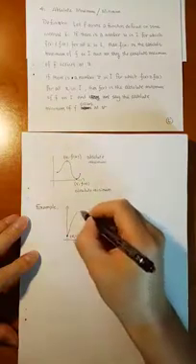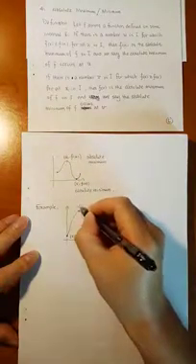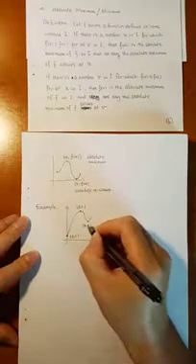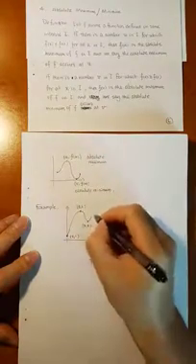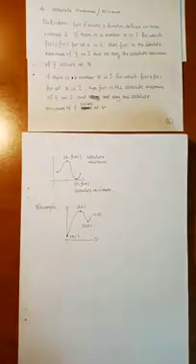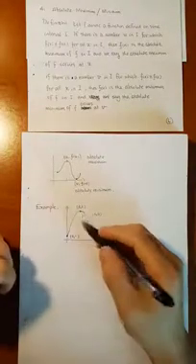This point is (3, 6). This is (4, 4). It's (5, 5). With a graph like this, you can see where the lowest point is. The (0, 1) is the lowest point, and the (3, 6) is the highest point.